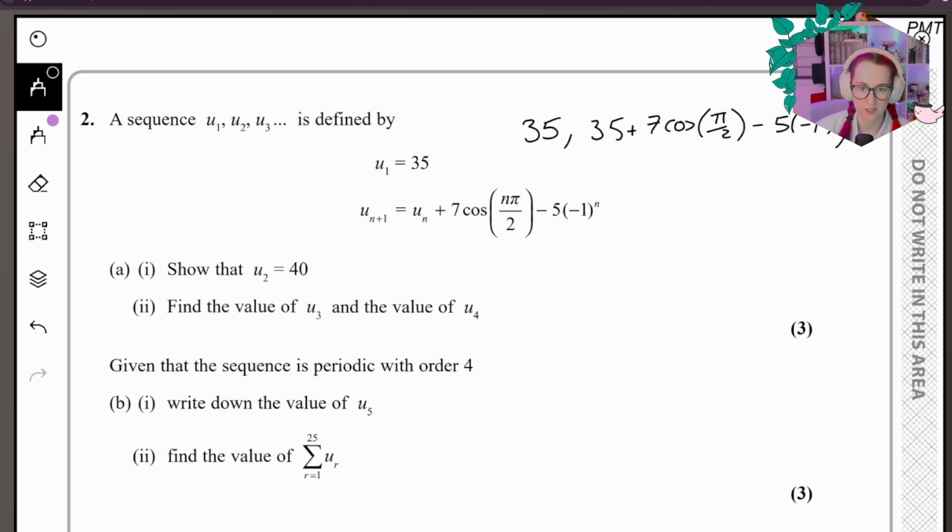So U2, using this expression that we're given, is 35 plus 7 cos 1 times pi over 2 minus 5 times minus 1 to the power of n, which in this case is 1.